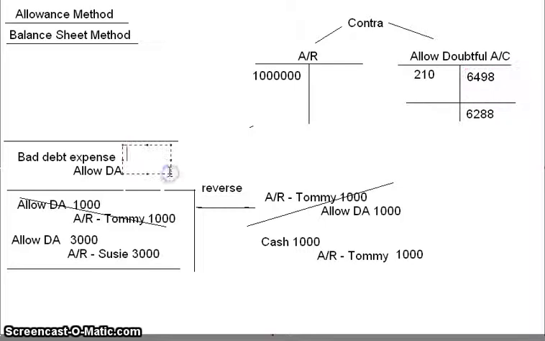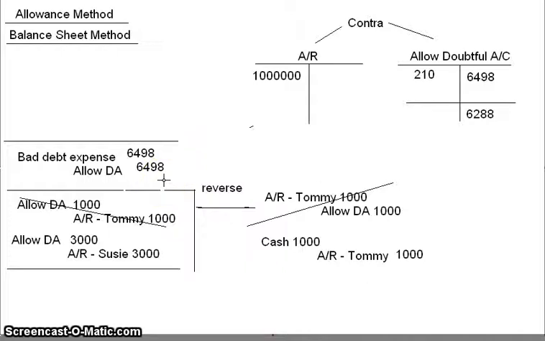So your journal entry then would be for $6,498. I'm getting a little off center here, but you get the idea. Again, all the journal entries stay the same in the allowance method. The difference is how you calculate this amount.